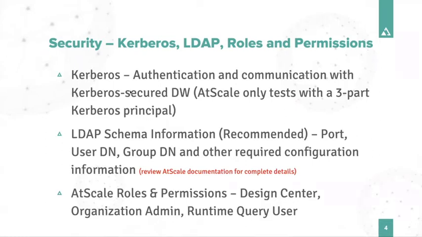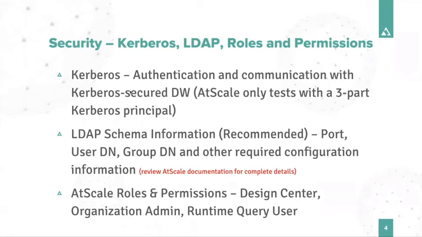So the key part which I wanted to bring to everybody's attention here is, as you are trying to deploy AtScale in your environment, you should be aware that AtScale supports Kerberos, but AtScale will only test with a 3-part Kerberos principal. Now, your Unix admin or your system admin needs to know that key piece of information. The Kerberos principal needs to be 3-part for Kerberizing AtScale.